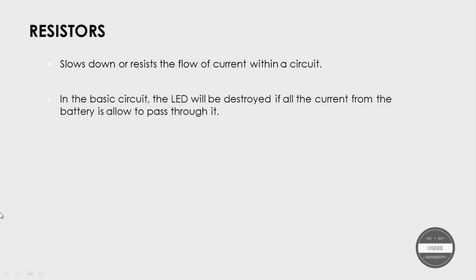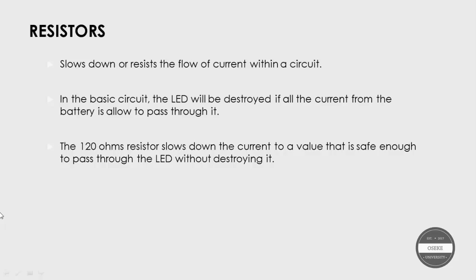In the basic circuit, the LED would have been destroyed if all the current from the battery was allowed to pass through it, because LEDs have a current rating of about 25 milliamps. So we had to select a resistor, which we selected was 120 ohms, which I selected rather, because you were not part of the design.